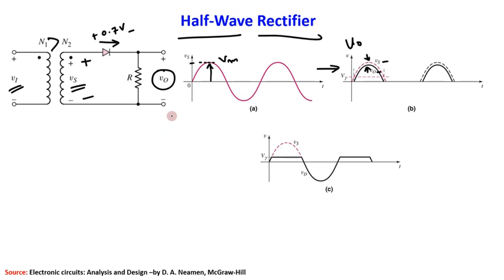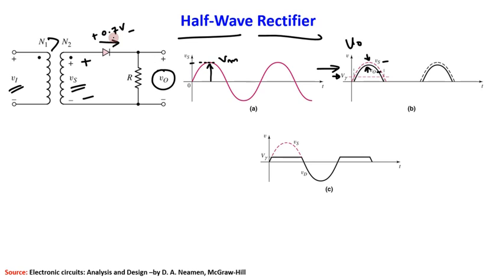Right. So now if you notice a bit carefully, we have also indicated the position of V gamma here. Have you seen? This is the point, right? This is the V gamma point. Until the drop across this diode, or in other words Vs, is reaching that value of V gamma, this diode is not conducting.